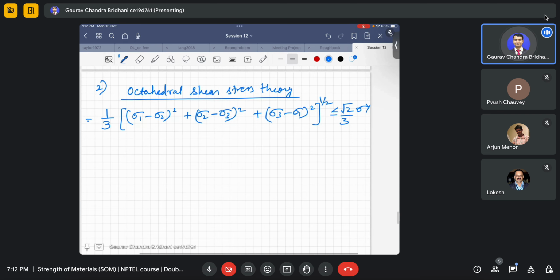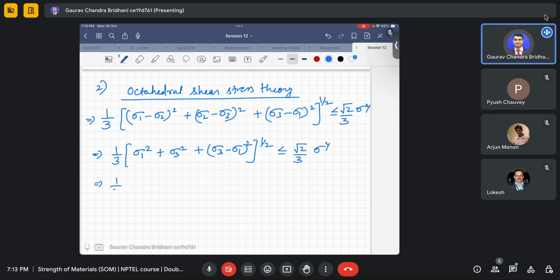So let's find. We know sigma 2 is 0, and we know sigma 1 and sigma 3. So this comes out to be sigma 1 square plus sigma 3 square plus (sigma 3 minus sigma 1) whole square, power 1 by 2, and it should be less than or equal to root 2 by 3 sigma y.